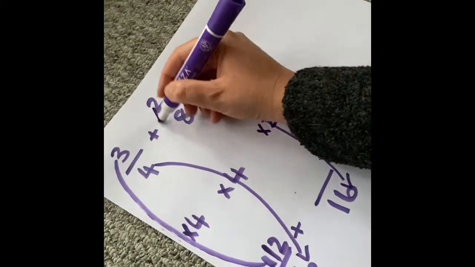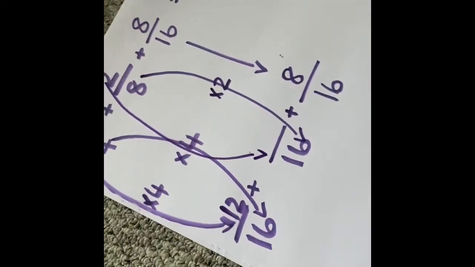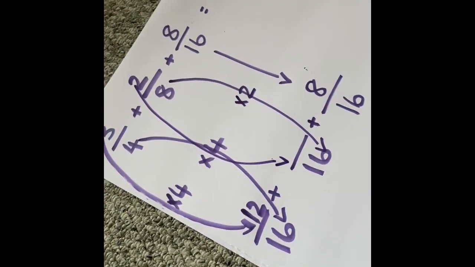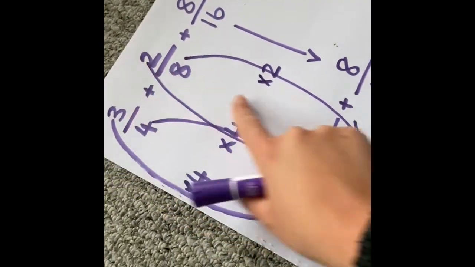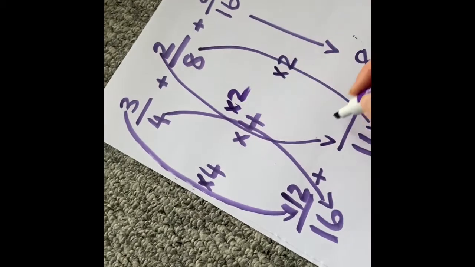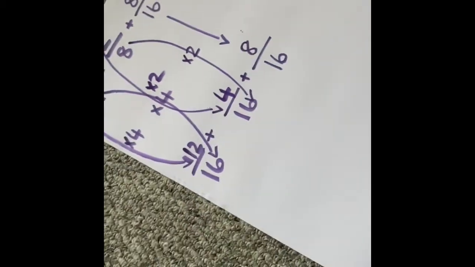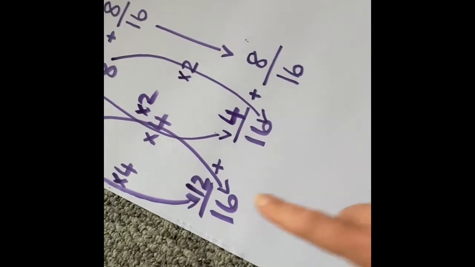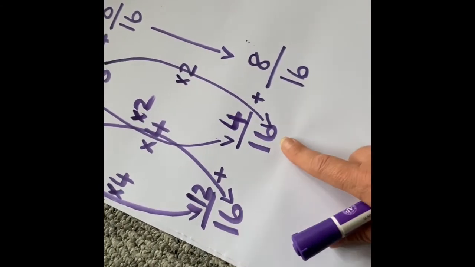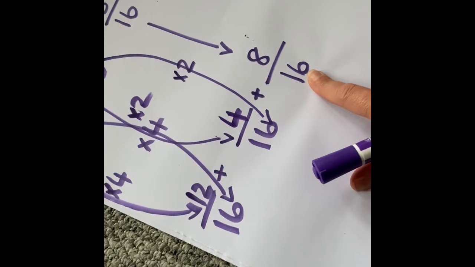I'm not even going to hear you shout what we need to do here. You know that you need to do exactly the same to the numerator as you do the denominator. 2 multiplied by 2 is 4. So now, instead of 3/4, 2/8 and 8/16, I have 12/16, 4/16 and 8/16.